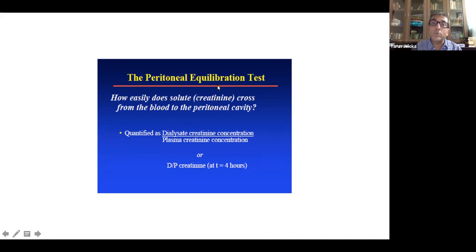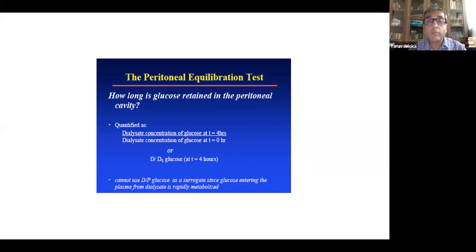What we look at in the PET test is dialysate to plasma creatinine at 4 hours, so D over P creatinine at 4 hours. Apart from D over P creatinine and urea, we also look at the absorption of glucose, so D over D0: dialysate glucose at 4 hours divided by dialysate glucose at initiation.